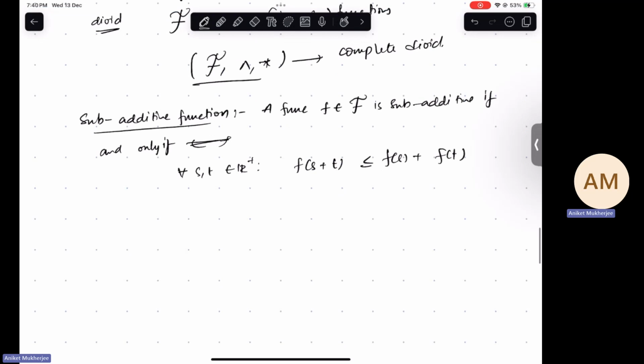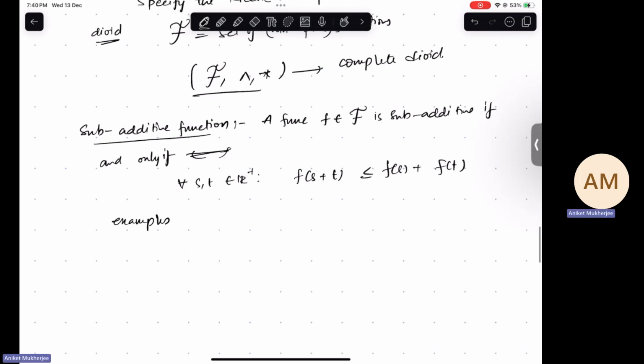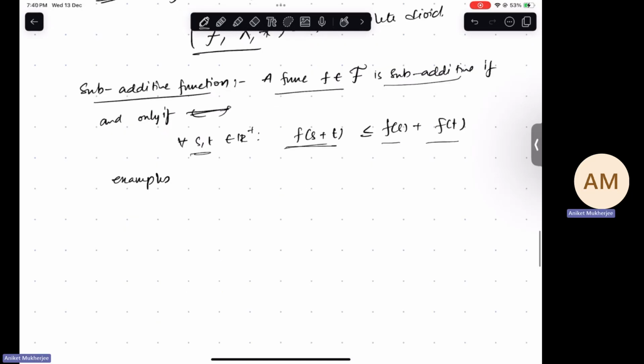This is known as a subadditive function. So I'll give the definition of a subadditive function again. Any function which belongs to the min plus function set is known to be subadditive if for all s, t, f of s plus t is less than or equal to f of s plus f of t.